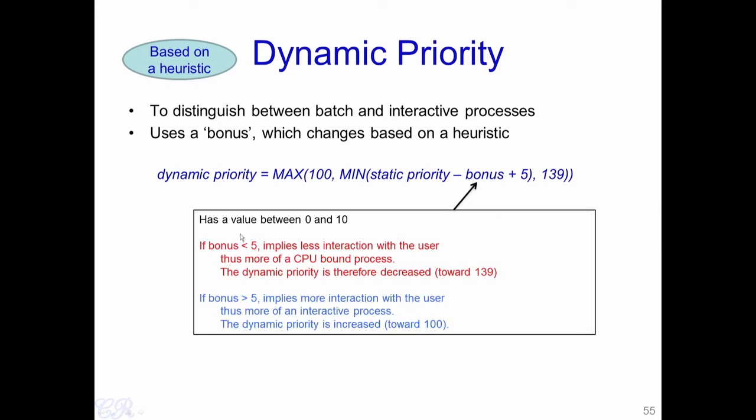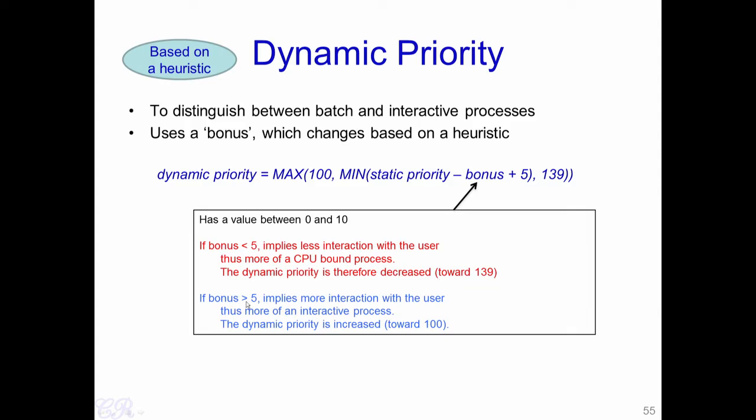Essentially, this bonus has a value between 0 and 10. If the bonus is less than 5, it implies there is less interaction with the user. Thus, the process is assumed to be more of a CPU bound process. The dynamic priority is therefore decreased. Essentially, the dynamic priority goes towards 139, a low priority.